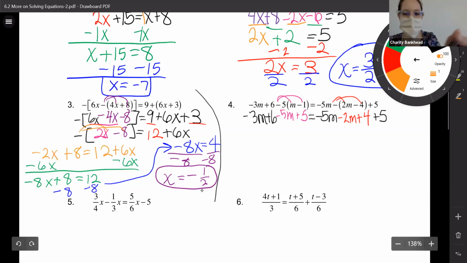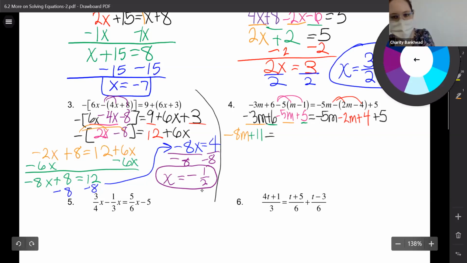Okay, going back to the left here, combine the like terms. -3m minus 5m would equal -8m. And 6 plus 5 would be plus 11 equals, and then -5m minus 2m would equal -7m.